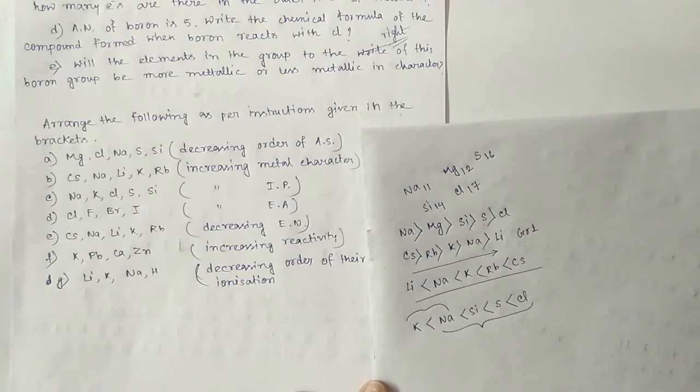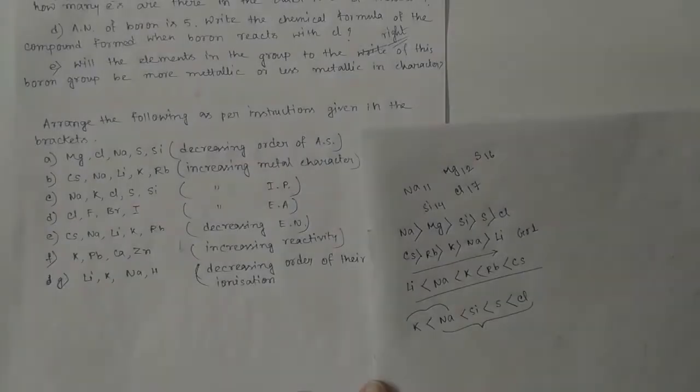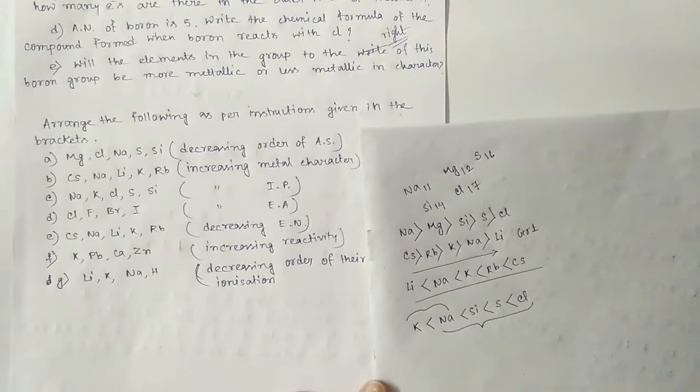So if you have a greater effective nuclear charge and you tightly hold your outermost electron, then you will release more energy, or you will get more stability, if an electron is given to your outermost shell.